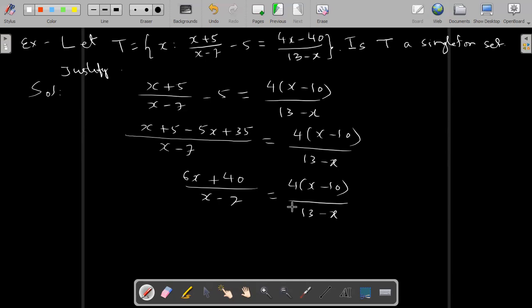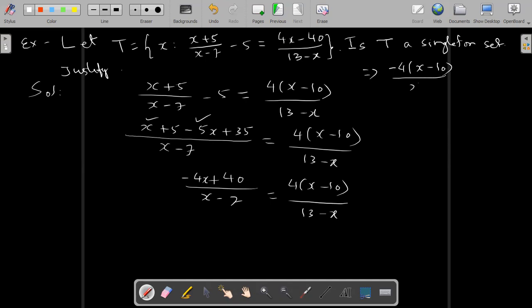Okay, now we can bring 4x minus 40 across. It will be minus 5x plus x, minus 4x. So minus 4x, if we take minus 4 common, it will become x minus 10.